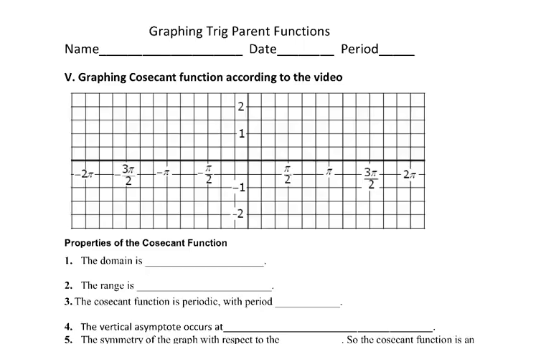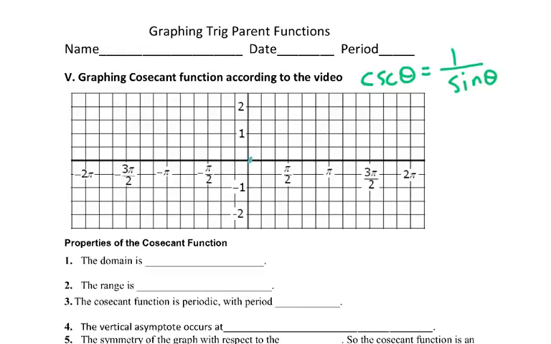Now let's graph the cosecant function. So you will have 1 over sine x, no problem. First of all, I need you to draw the sine function.